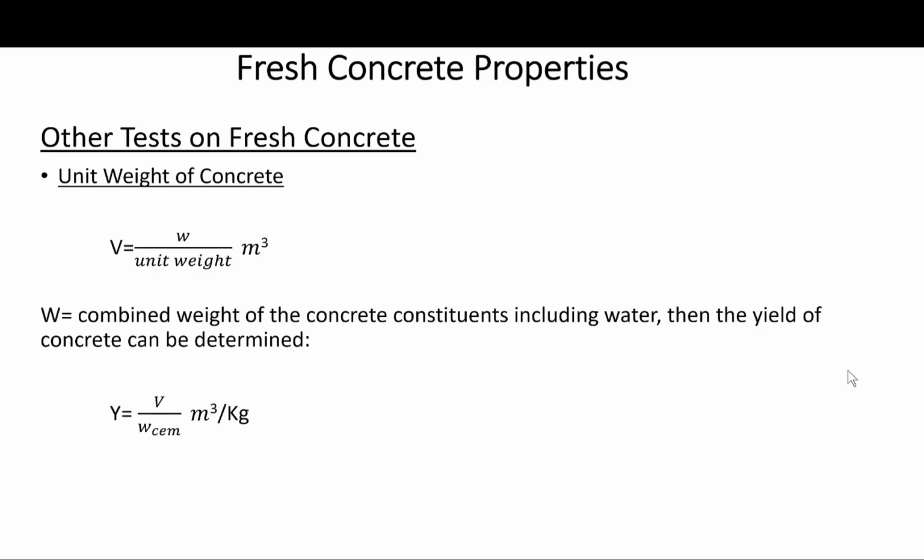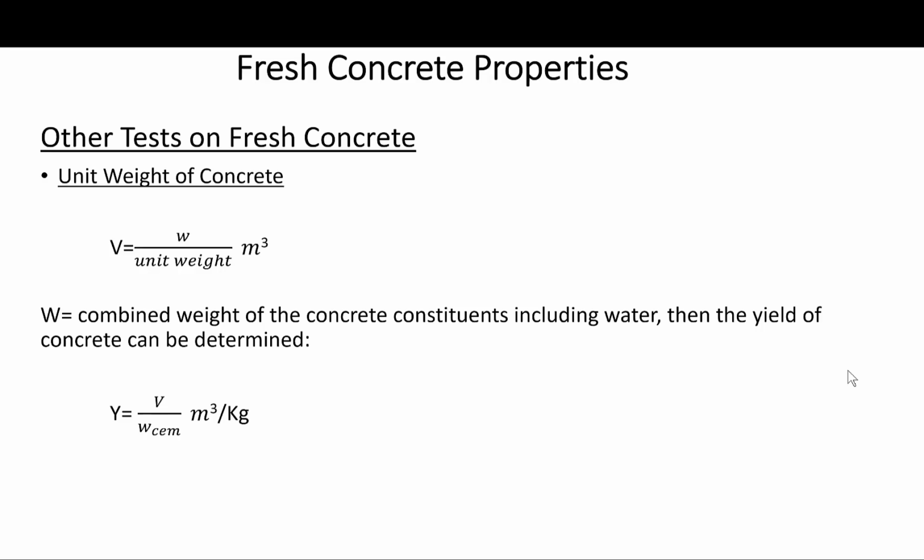So simple, straightforward. The presence of entrained air affects the unit weight, since air contributes to volume, but not to the weight. So the unit weight can be used as an approximate indication of air content for concrete made with the same materials.